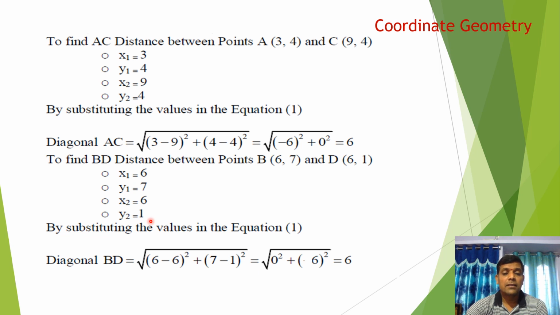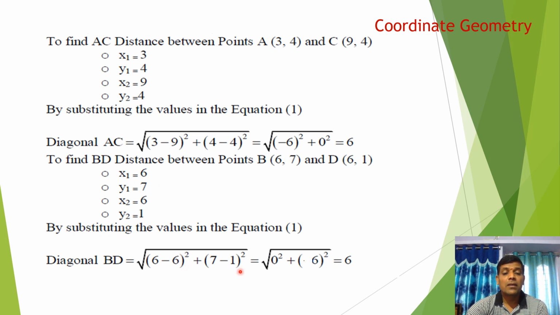We know that the distance formula is root over (x1 minus x2) whole squared plus (y1 minus y2) whole squared. Now the distance of the diagonal B and D equals the square root of (x1 minus x2), which means 6 minus 6, whole squared, plus (y1 minus y2) is written as (7 minus 1) whole squared.